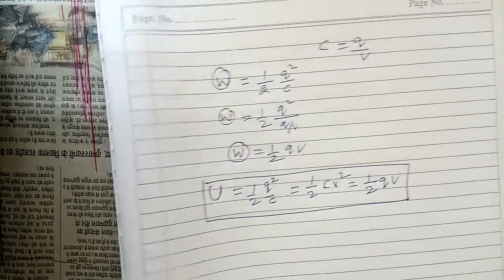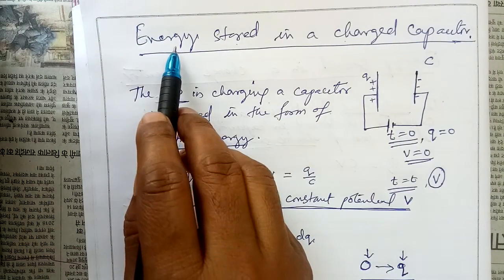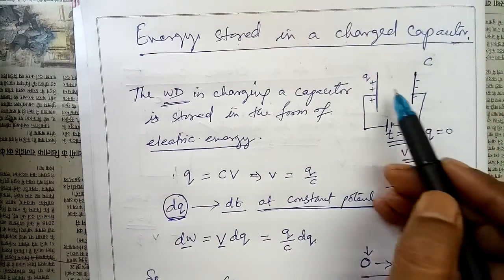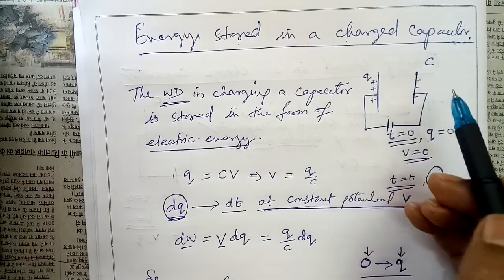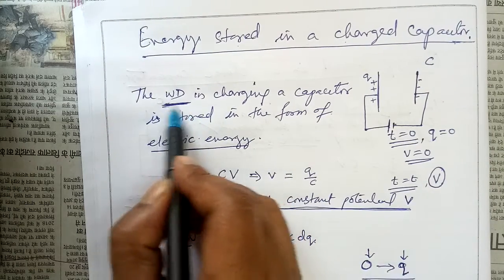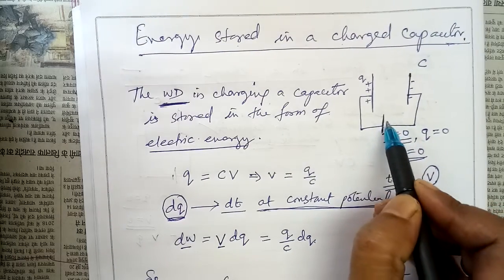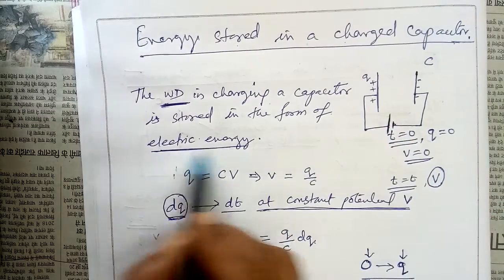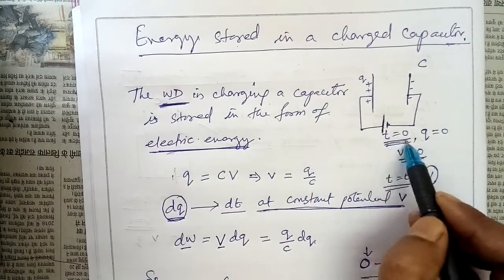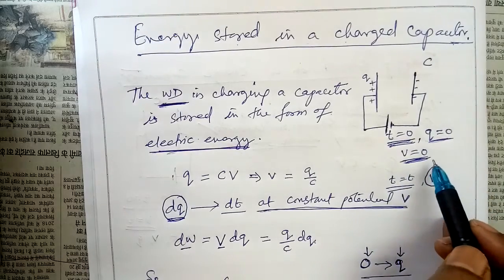So today what we have discussed, let's revise it a bit. We have discussed energy stored in a charged capacitor. Energy stored in a charged capacitor is done by doing work, and whatever work is done by the battery will be stored in the form of electric energy. Initially we imagine that there is no charge on the capacitor. So when there is no charge, there will be no potential difference.